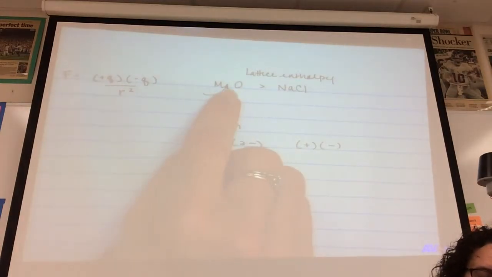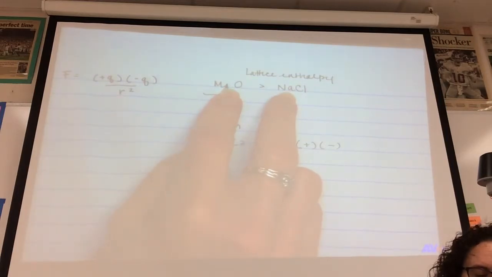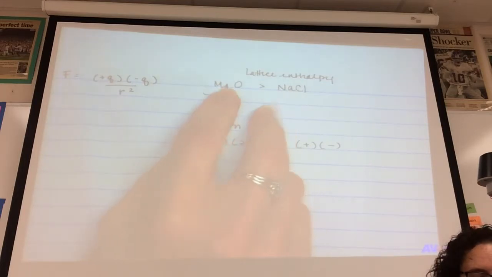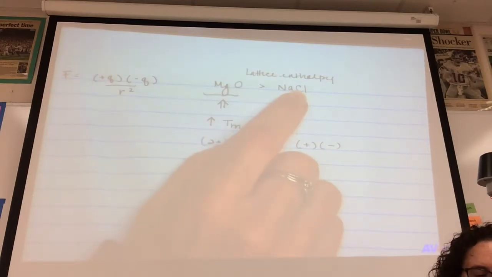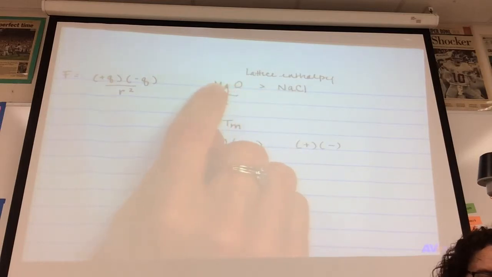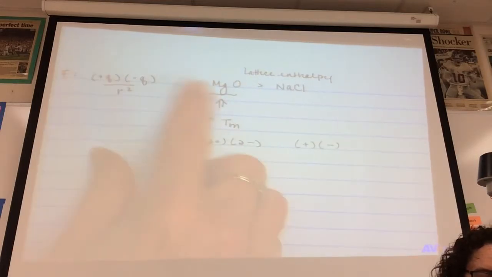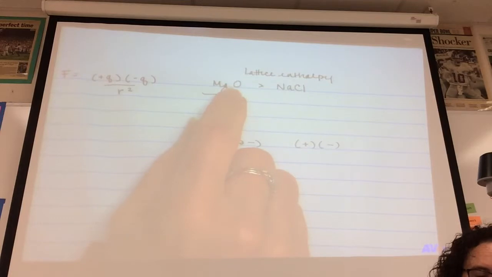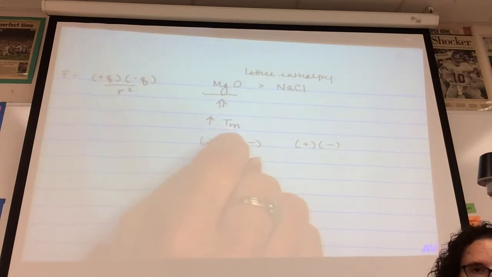So why would magnesium oxide have a higher lattice enthalpy than sodium chloride? Charge here is 2 plus, 2 minus, so 4, 1 plus, 1 minus, so 1. So this has greater charge, hence greater coulombic attraction. And the link here is with the greatest lattice enthalpy, it will have a higher melting point.